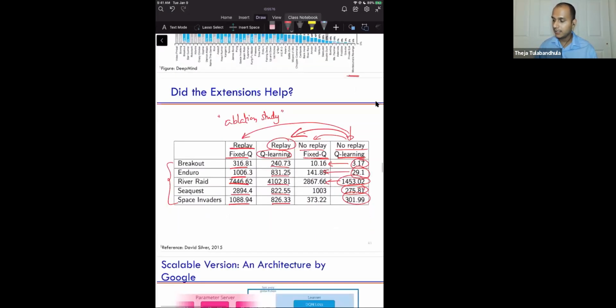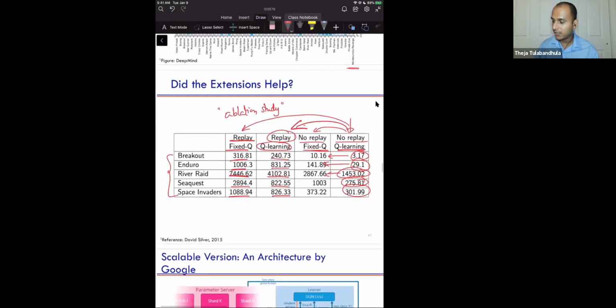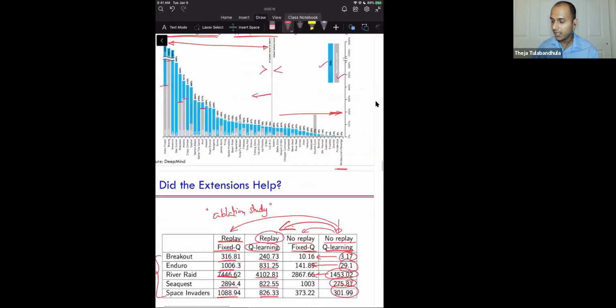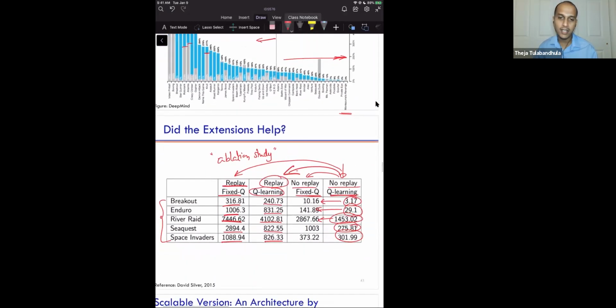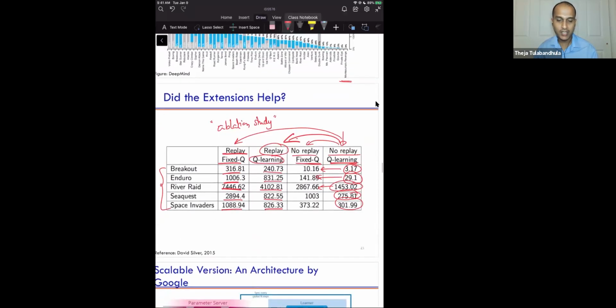So that's an example. And you may ask, this seems like a small network. You can see that it is literally two conv layers and one fully connected layer, so it should not take much time. But actually, when they did it back in 2012 and 2013, each game took about 14 days to train.